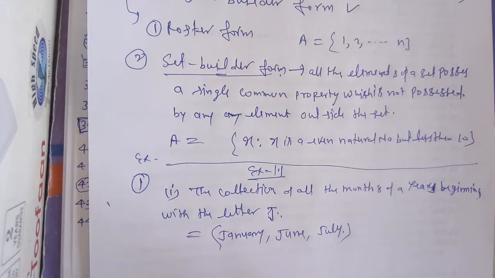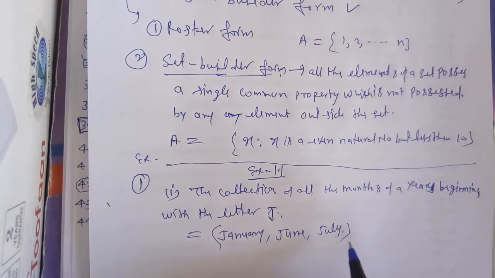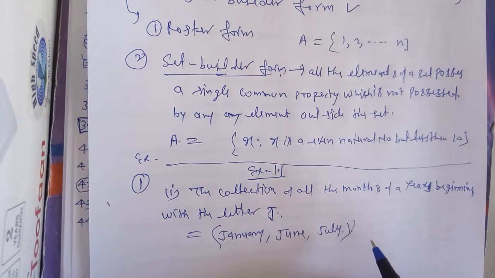Only 3 months start with J: January, June and July. Okay, this is also a set.